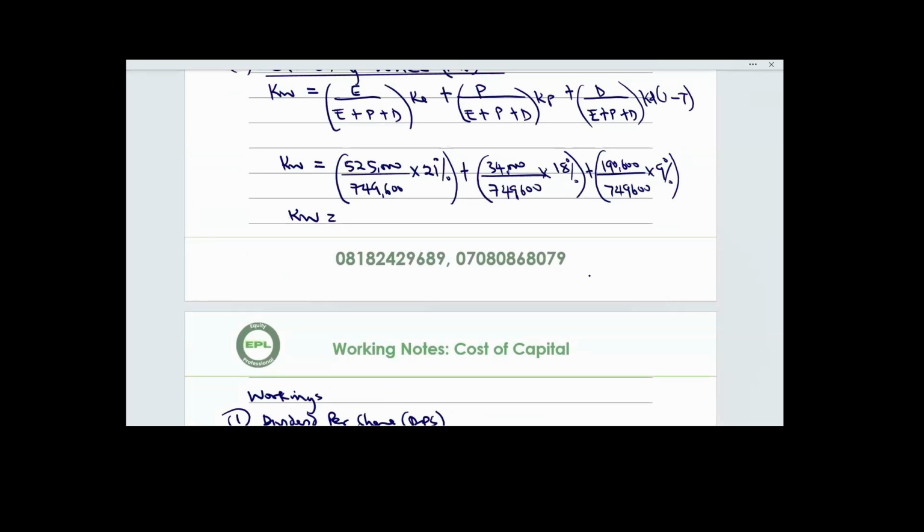Forget about the percentage. 14.71%. Plus from the middle, 0.82%.